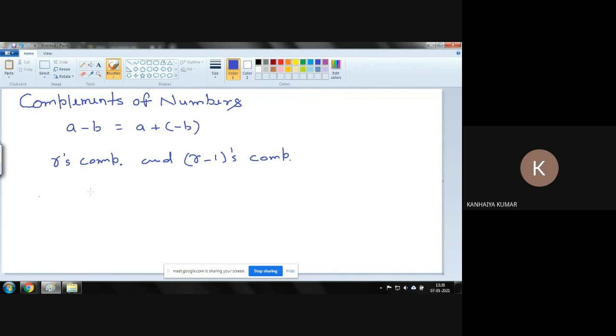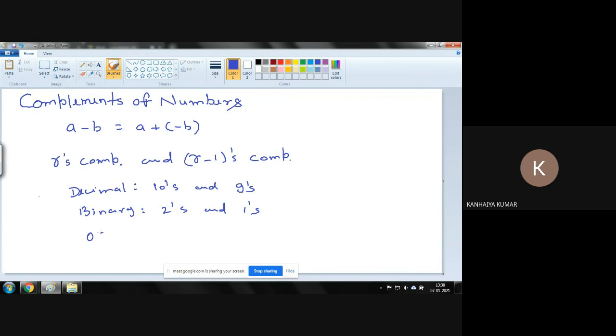So how do we find them? When we are talking about the decimal number system, you have the tens and nines complement. When you have binary, you will find the twos and ones complement.